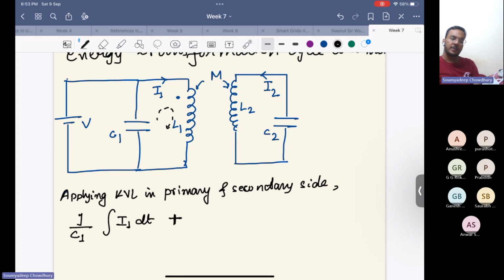What is the voltage across an inductor in terms of the current? Someone has to tell this. Mr. Ganesh? Yes, Mr. Purushottam, you want to tell something? I'm not getting ideas.